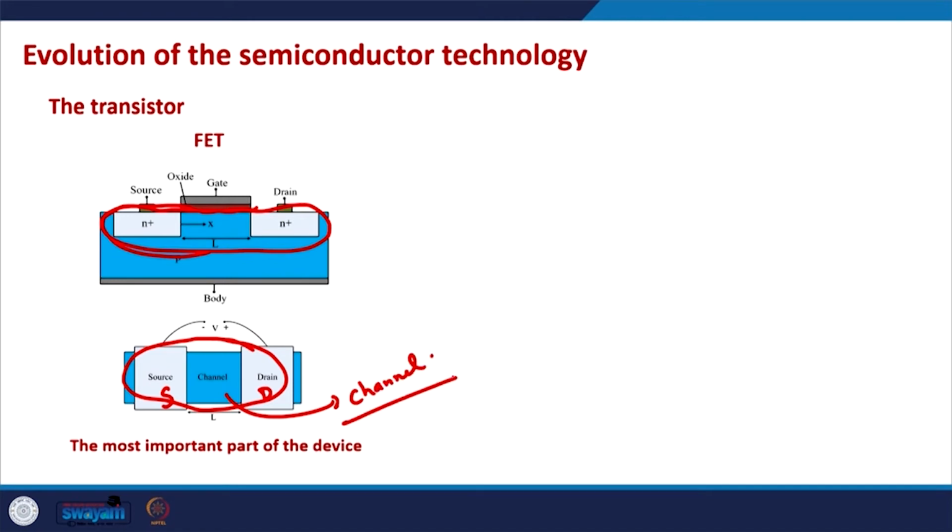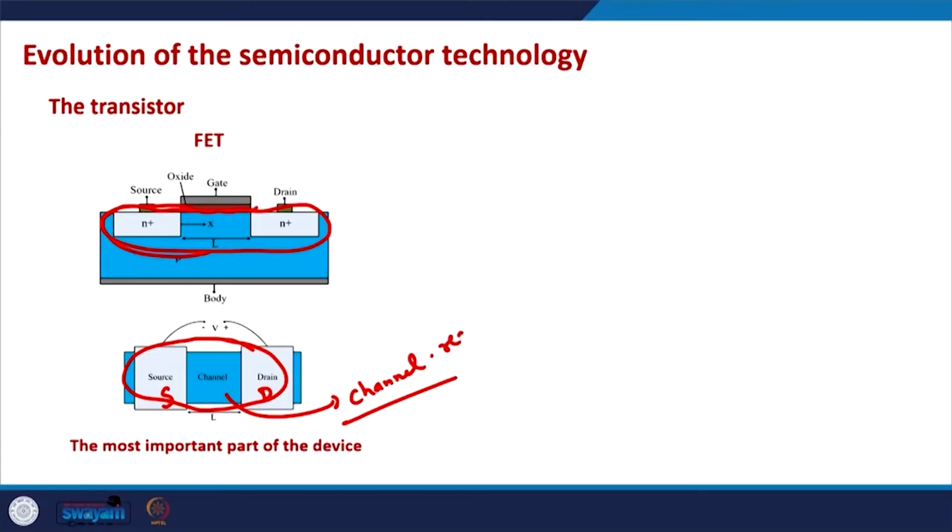Generally that can be considered the most important part of the device, although the gate is also quite important, because the gate controls the electric field in the channel and sort of switches the current in the channel on or off. It's not that the gate is not important, but a very interesting physics takes place in the channel region, and that's what we will try to understand in this course: the physics of the channel region because of the voltage applied on the source, on the drain or on the gate. Okay.